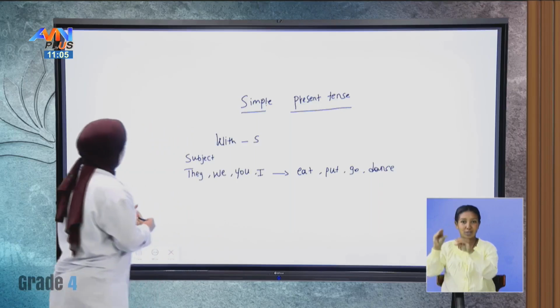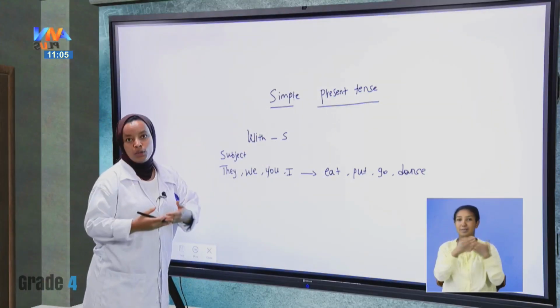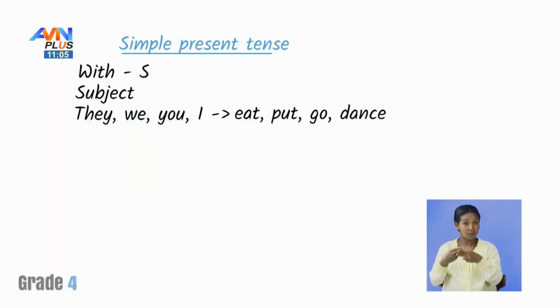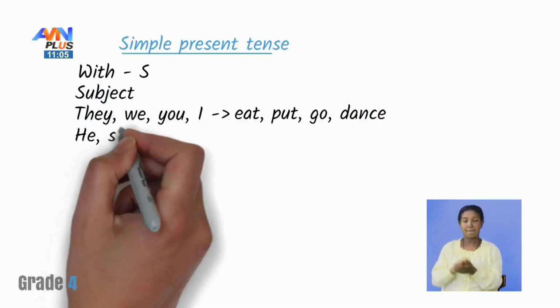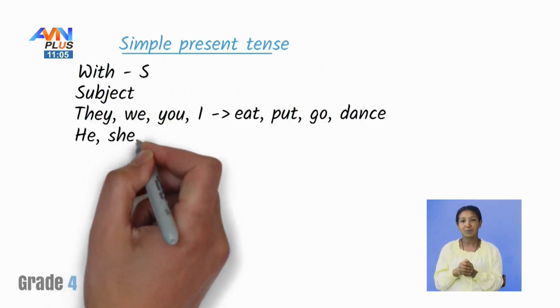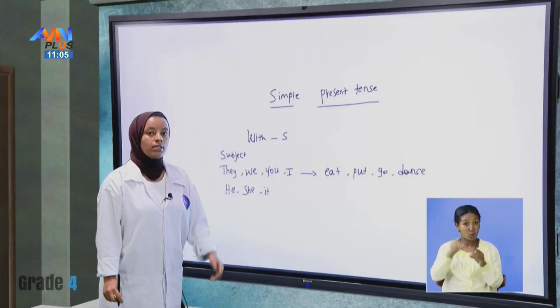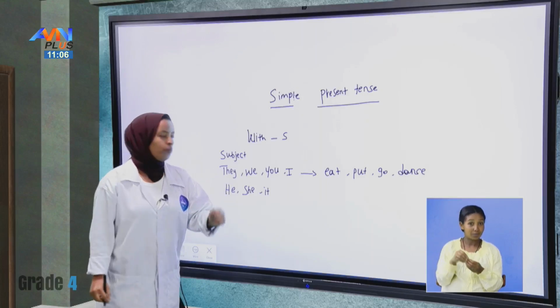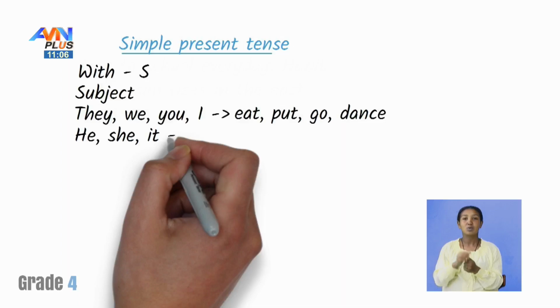Students, let us continue. When we come to singular subjects or singular nouns, also pronouns, like he, she, and also it. Don't forget, students, it could be also a noun. So here it is. When we come to here, we have such rules.